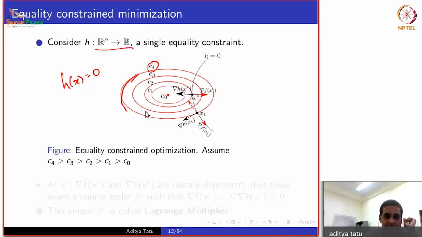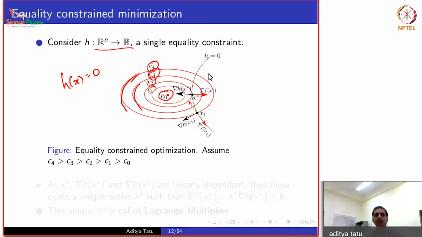On this ellipse the value of the function is C3, C2, C1, and so on, and let's say this point is the point of global minima. But of course, you are not supposed to find this point because it does not satisfy the equality constraint. Points that satisfy the equality constraint are represented here by this black curve. So you should restrict your search for a minima only to points on this curve.